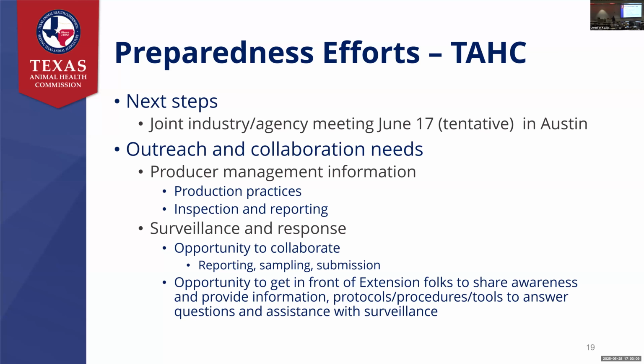And then surveillance and response, like I said, we've been engaged with Texas AgriLife Extension and Texas Parks and Wildlife. They've been a part of our discussions and meetings. We have a big meeting once a week with all of our state response partners.